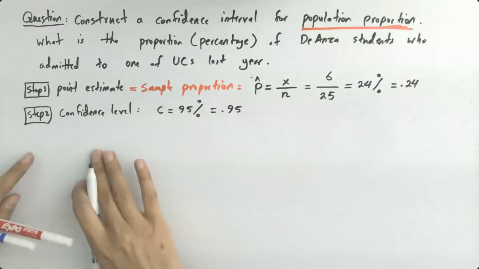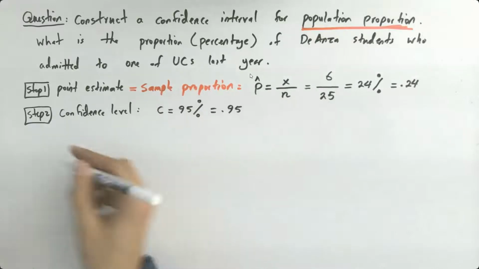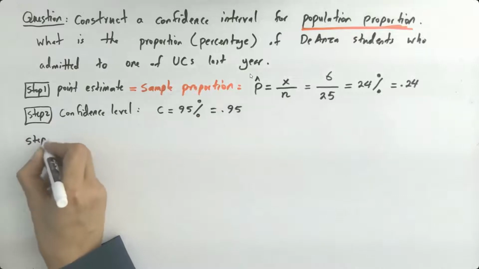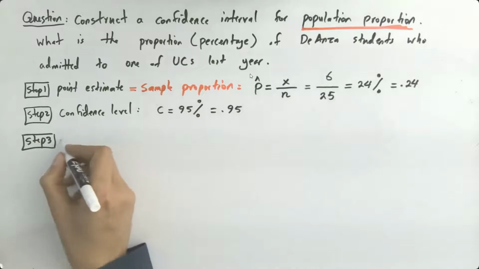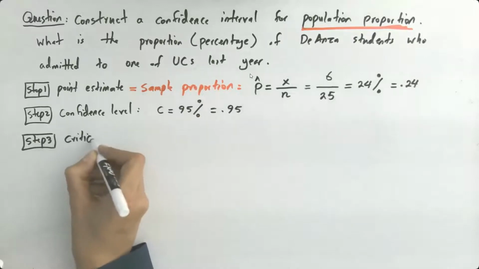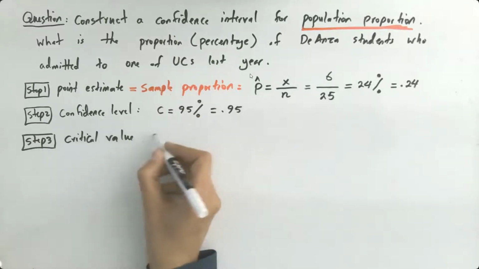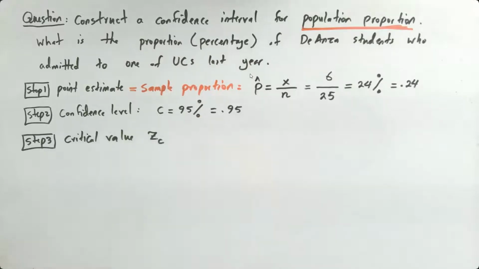Okay, I'm done with step 1. I'm done with step 2. Now I'm going to move to step 3 to find what? Now we need to find the critical value, denoted by Z sub C.